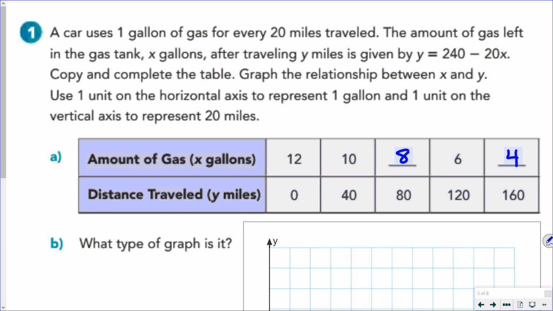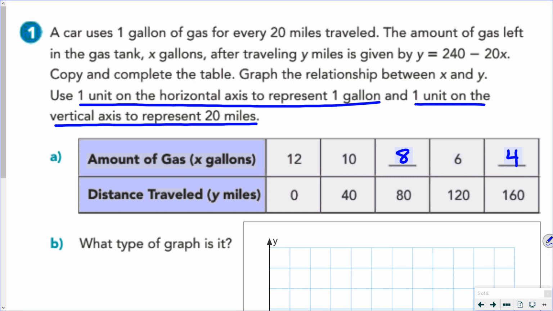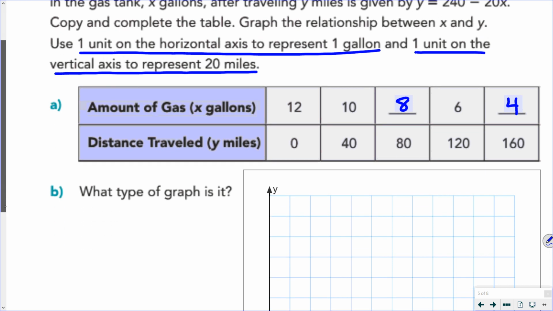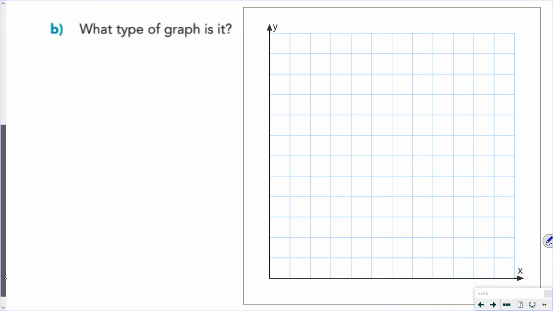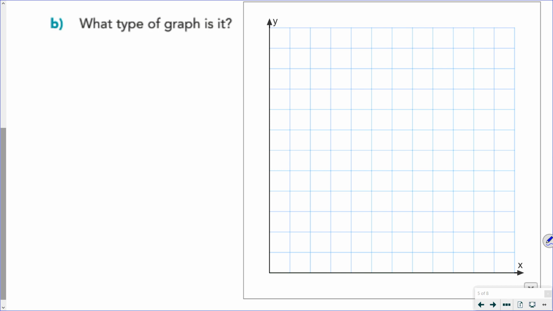Okay, so it says that we use 1 unit on the horizontal axis to represent 1 gallon, which means we don't have to do anything with our x-axis because the default setting is for every unit you go up, it is 1. So when we look at our vertical axis, it says 1 unit on the vertical axis represents 20 miles. So we would have to make a change on our y-axis here. Again, we can go every other.